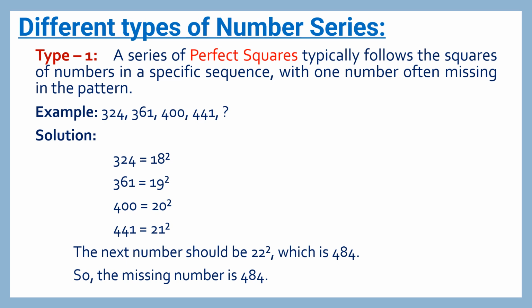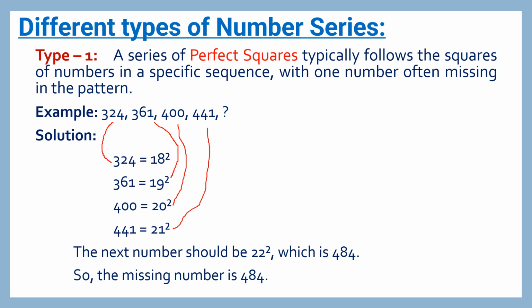Type 1, the perfect square. In this example you can see 324, 361, 400, 441. What is common in the given example? All these numbers are square numbers. 441 is the square of 21, 400 is the square of 20, 361 is the square of 19, and 324 is the square of 18.